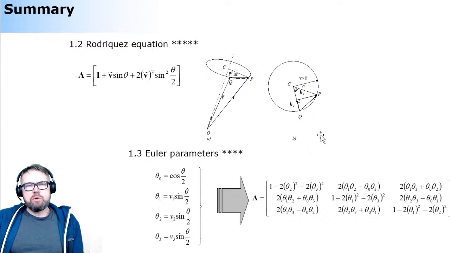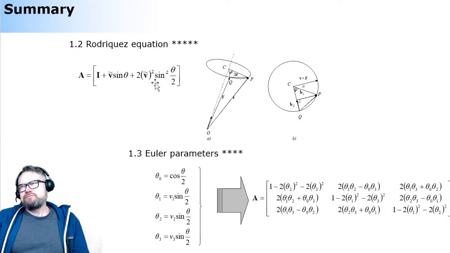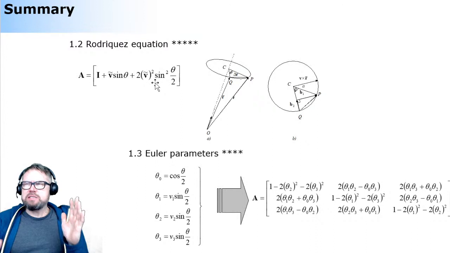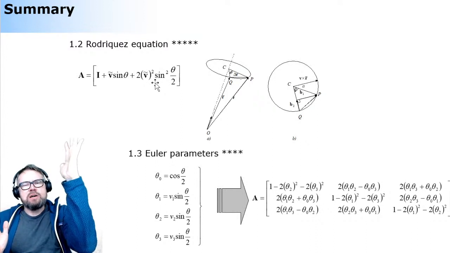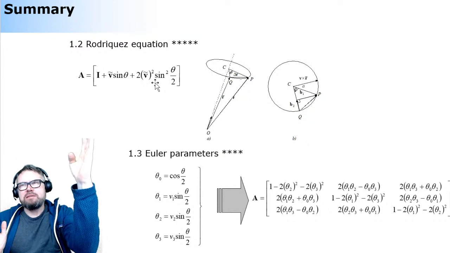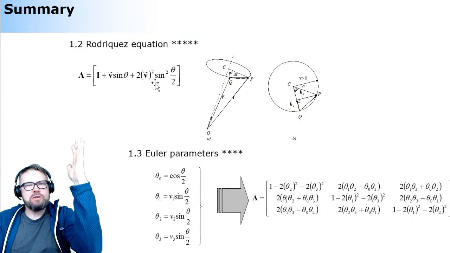Rodrigues equation is one example. Euler parameters are another example. So if nothing else, make sure you understand the concept of the Rodrigues equation. Don't memorize this equation, no, not that, but memorize how the story went. Once upon a time, you have this vector R. Then comes his friend, vector V, which is unit in length.